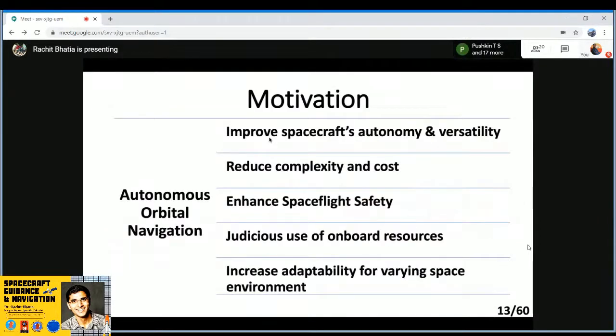So as I've already told you, the motivation for autonomous orbital navigation is to improve spacecraft's autonomy and versatility, reduce complexity and cost, enhance spaceflight safety, judicious use of onboard resources, and increase adaptability for varying space environment.